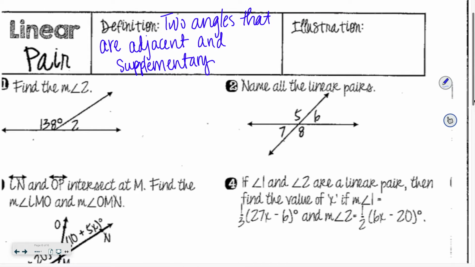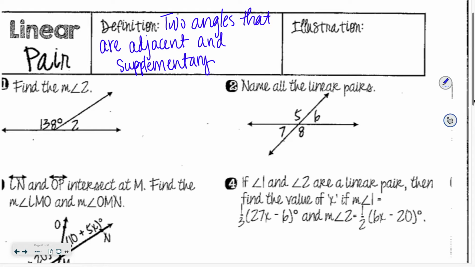Do supplementary angles have to be adjacent? No. Do adjacent angles have to be supplementary? No. Does a linear pair have to be adjacent and supplementary? Yes. So if you have adjacent supplementary angles, then we call that a linear pair.